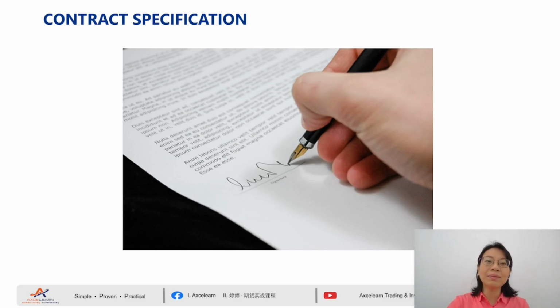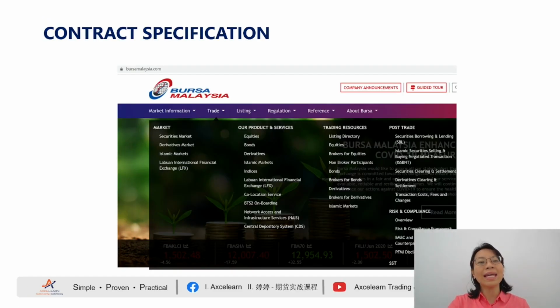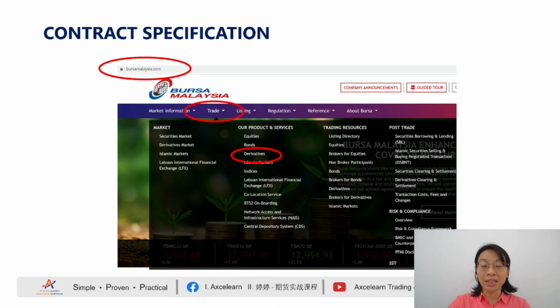The second step that we need to know is, where can I get all these contract specifications? As usual, you can get them via Bursa Malaysia, which is the one and only exchange in Malaysia. Technically, you go to bursamalaysia.com, then you click on trade, then you click on derivative.